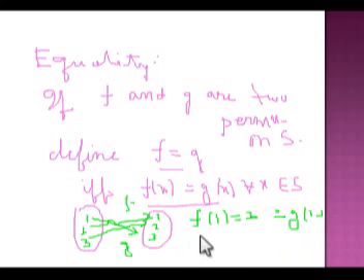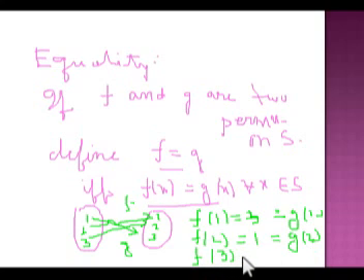If F2 is equal to 1, then G2 has to be 1. And at last, if F3 is equal to 2, then G3 has to be equal to 2. If this happens, then we can write that F is equal to G. Otherwise, you cannot write that. So you can understand the equality of two permutations.